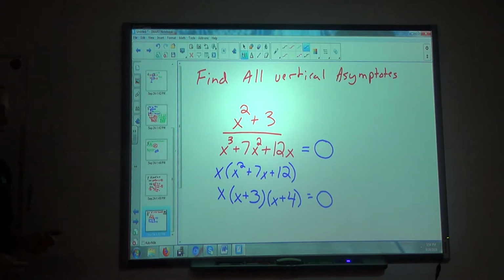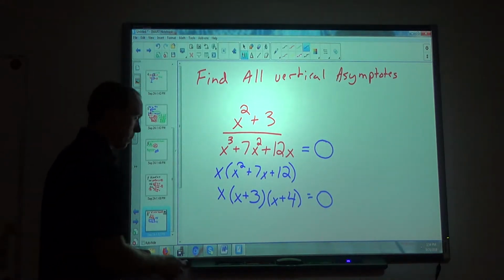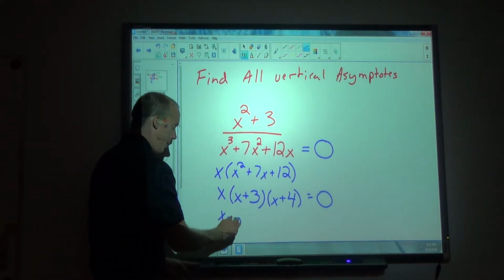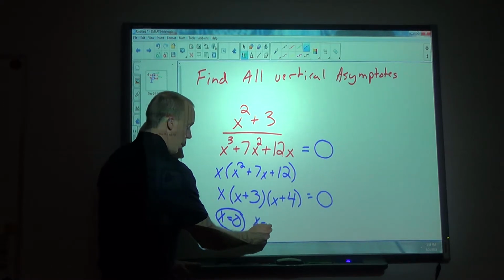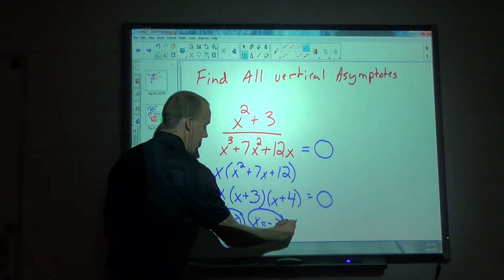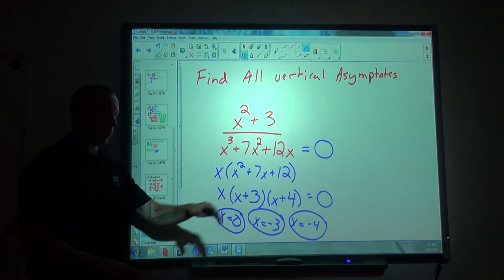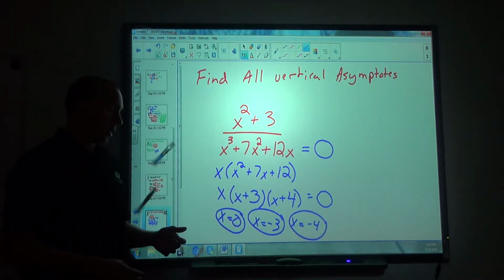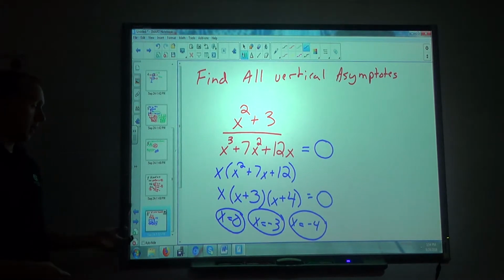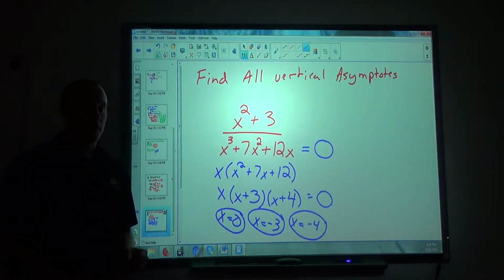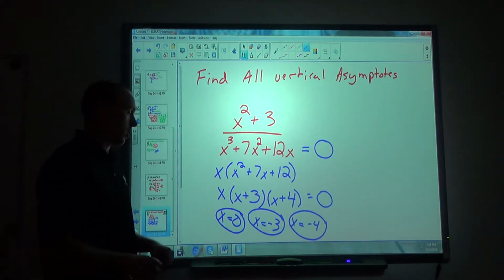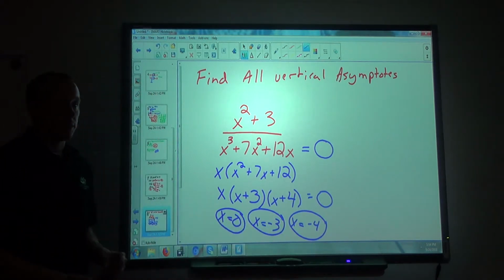So what are the zeros of the function there on the bottom? X equals 0, negative 3, negative 4. So those are the 3 asymptotes that you would get out of that. So I just factor that, that's all. Yep. And if you plug in your calculator, you could see those are the three numbers where it would have had asymptotes.